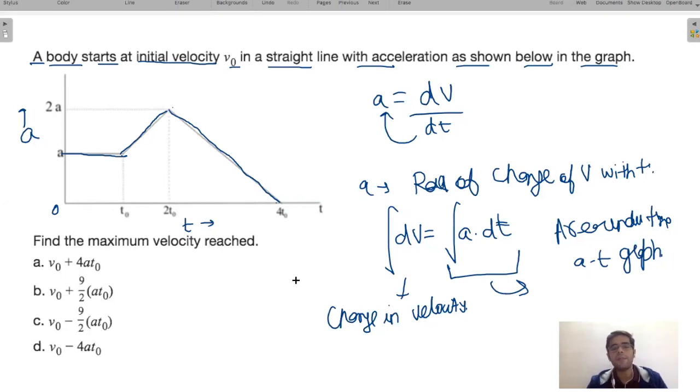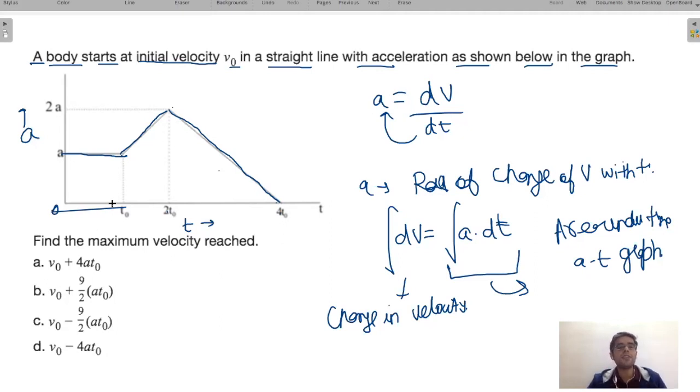Now let me tell you where a lot of students make mistakes on this question. They think that from 0 to t naught, since the acceleration is increasing, the velocity will also increase. And then they think that from 2t naught to 4t naught, acceleration is decreasing, so velocity will also decrease. Yes, that's where we make the mistake in this question. No, from the entire 0 to 4t naught, our velocity will increase.